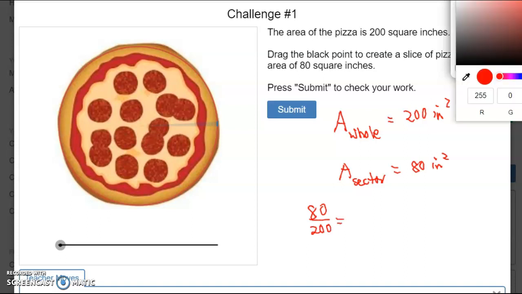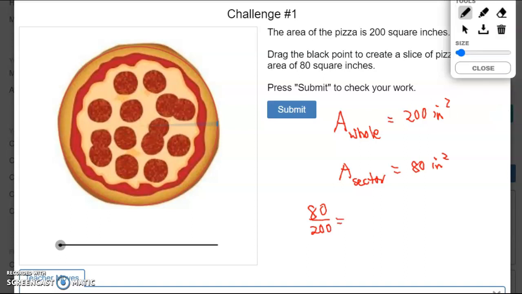If I try to simplify this fraction, I can divide both top and bottom by 10. 8 and 20, I can divide by 2, and by 2 again, so it's going to be 2 over 5. So I want 2/5 of a pizza.